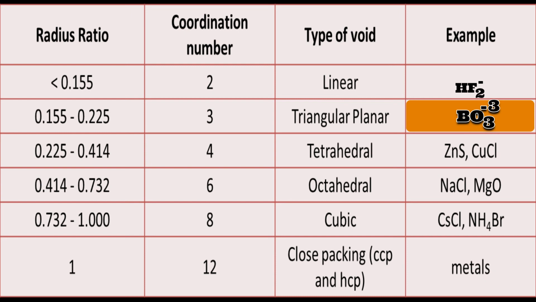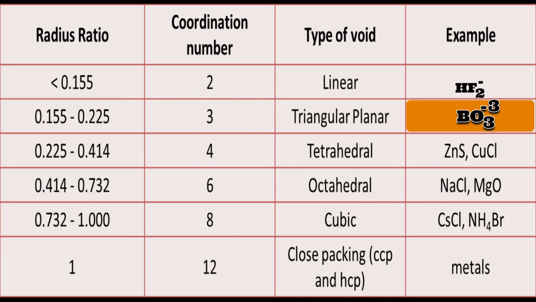So the radius ratio, 74 divided by 190, the answer comes 0.389. Yes, and that 0.389 is between 0.225 to 0.414. So what should be the coordination number for that void site? The coordination number should be 4. So 4 different kinds of ions should surround one particular ion. It is a conclusion from the radius ratio of zinc sulfide.